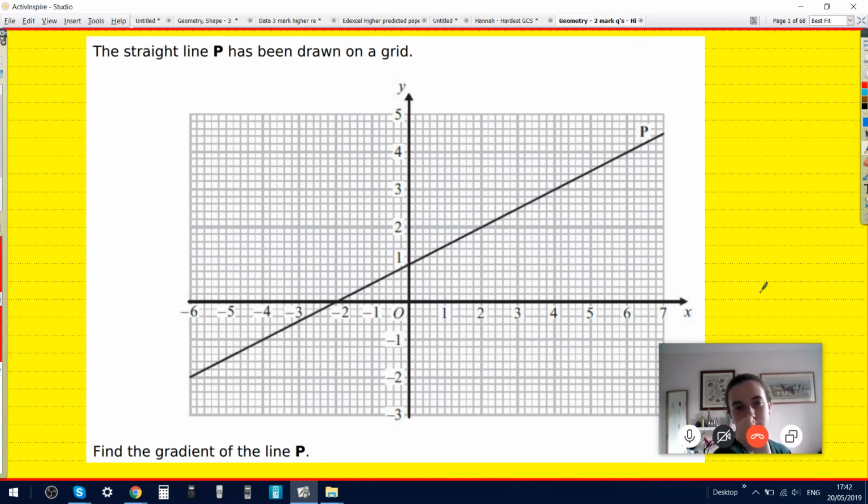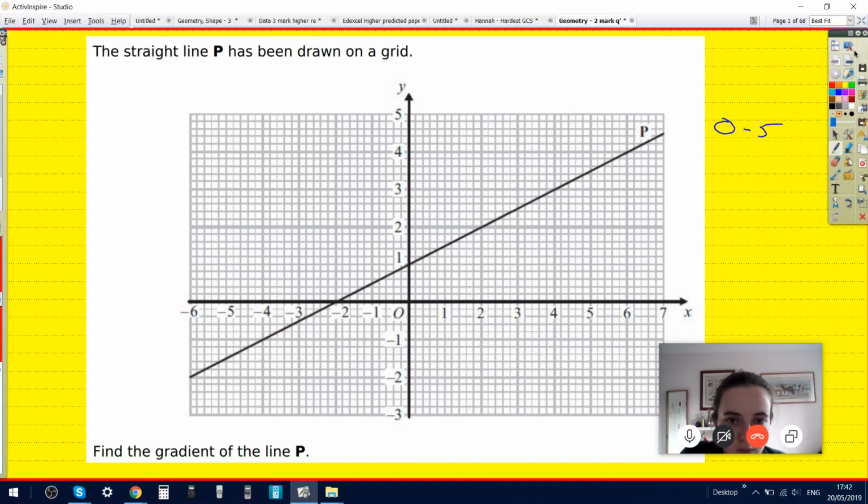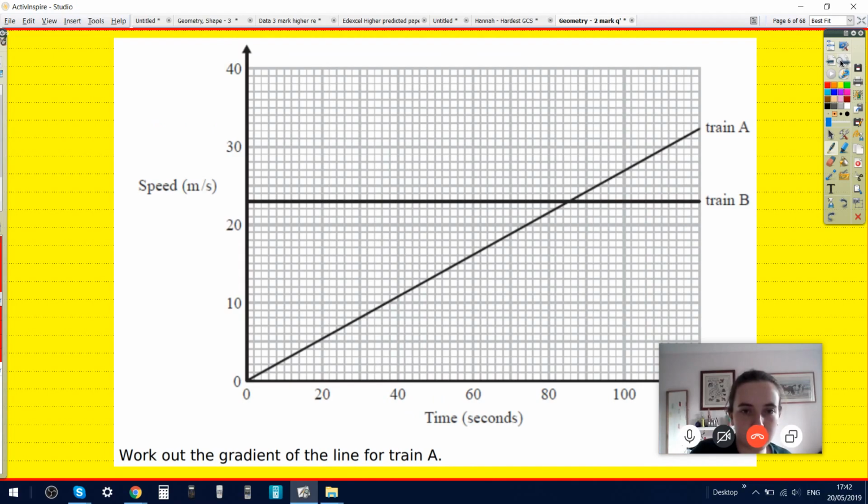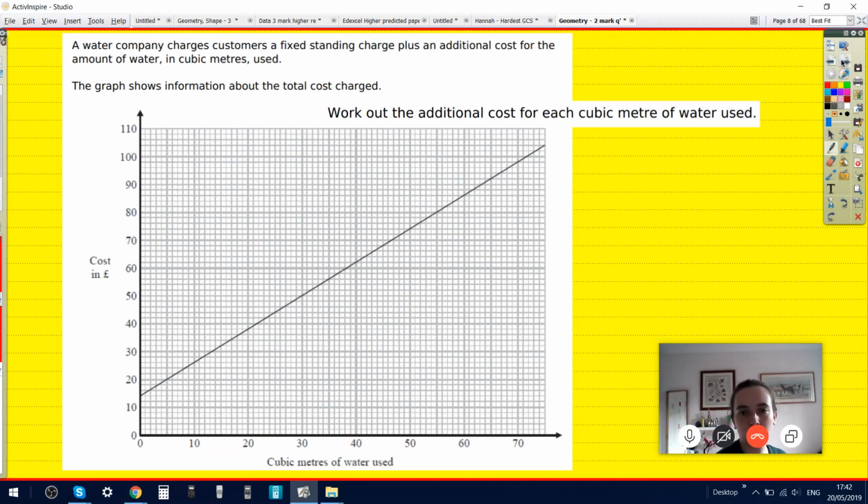Okay, gradient of this line. Minus, no wait, 0.5. How do you do this one?